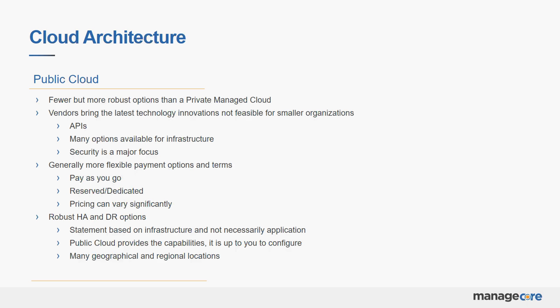And security is a major focus. So they oftentimes invest a lot more infrastructure, people, energy, effort, and ultimately money into securing your environment. They are more flexible when it comes to payment options and terms. One of the main reasons people look at the cloud is because you can do a pay-as-you-go model.